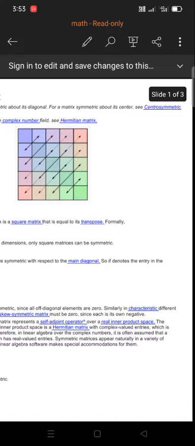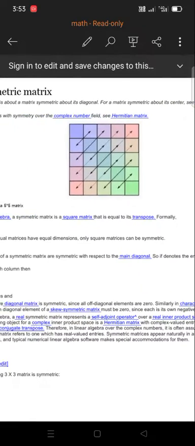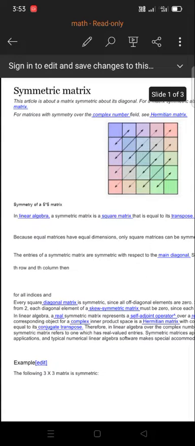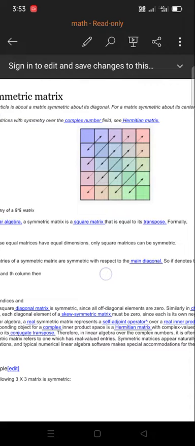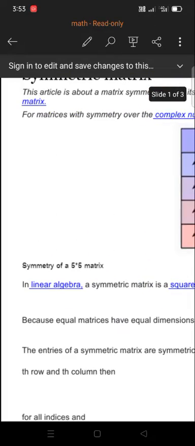For a matrix symmetric about its center, see centrosymmetric matrix. For matrices with symmetry over the complex number field, see Hermitian matrix. This is the Hermitian matrix diagram. So, a symmetric 5 by 5 matrix.